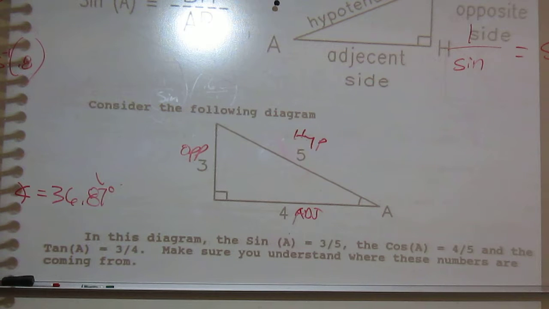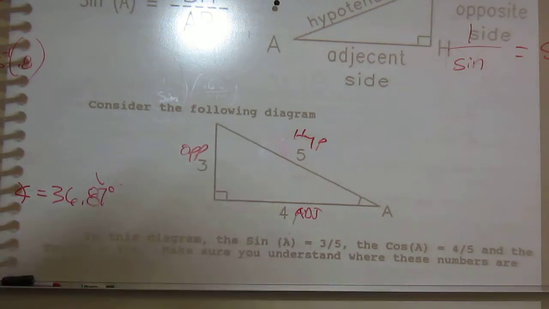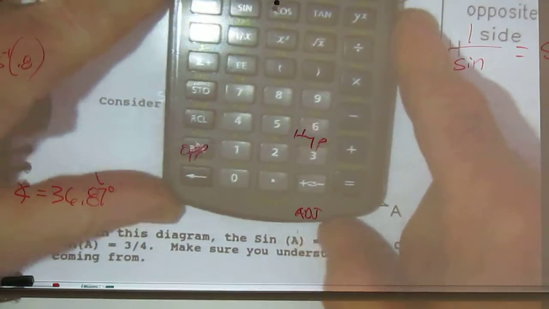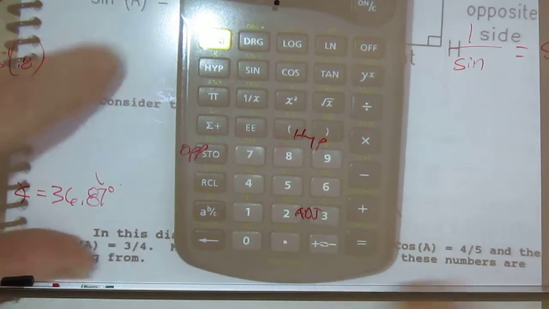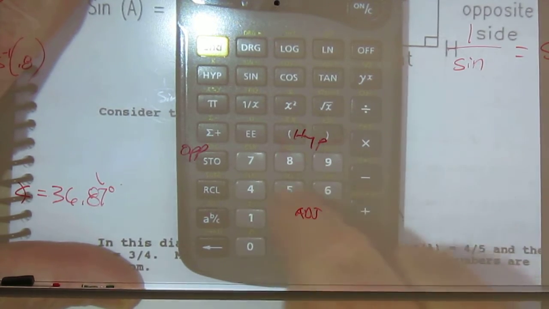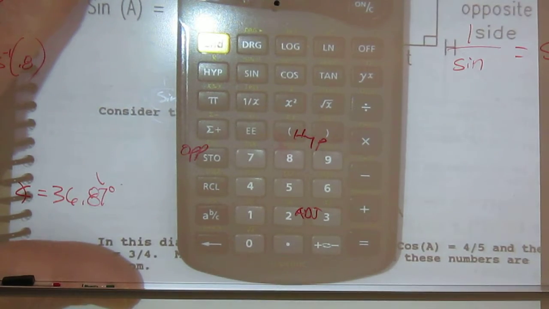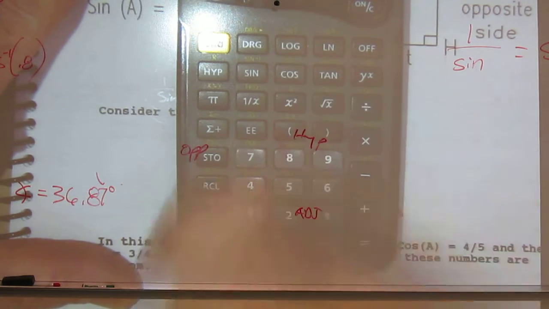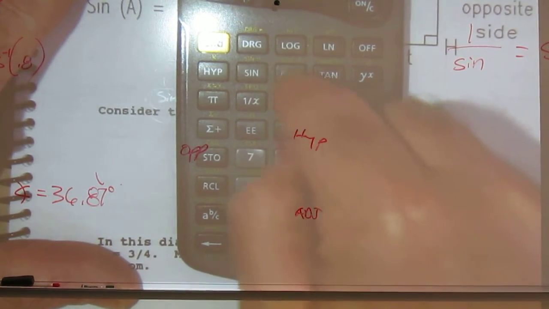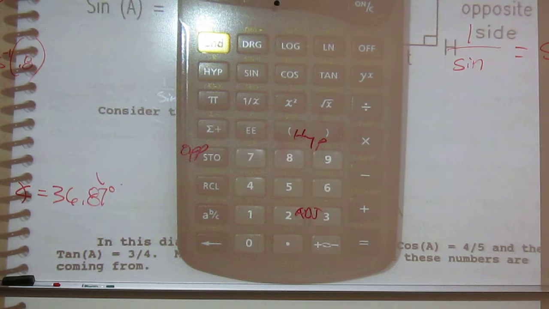We should get fairly close to 36.87 degrees. One sec, let me run this real quick. 4 divided by 5, my calculator gives me 0.8, and I hit my arc cosine button, and I get 36.87 degrees.